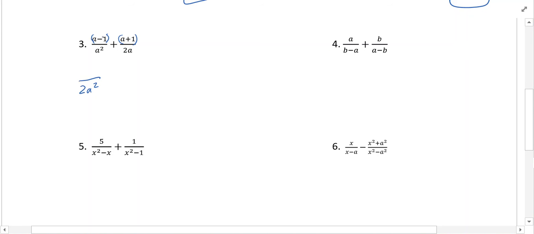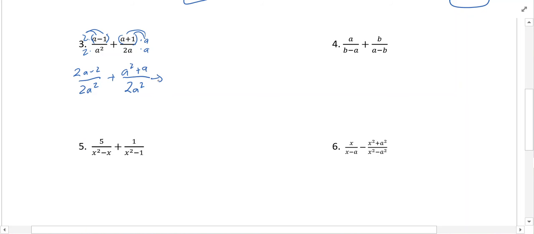So on the left-hand side, I'd have to multiply the top and the bottom by 2. But remember, since this one here is an expression and it's bounded by these parentheses, the 2 has to get distributed to both. So I have 2a minus 2 plus, on this right-hand side, I'd have to multiply the top and the bottom by a in order to get that common denominator of 2a squared. So when I distribute here, I get a squared plus a.